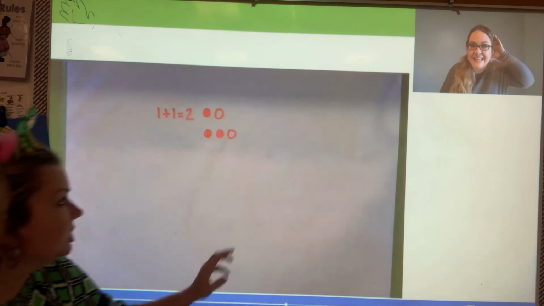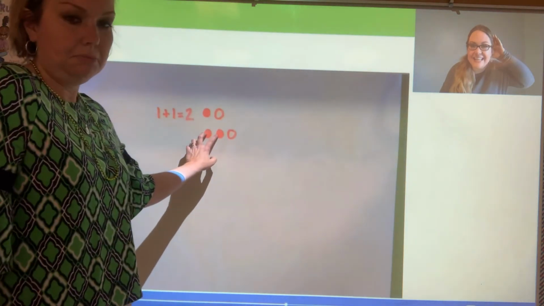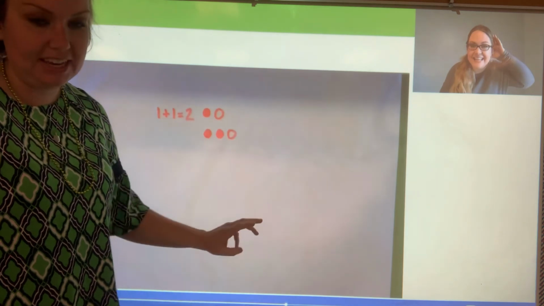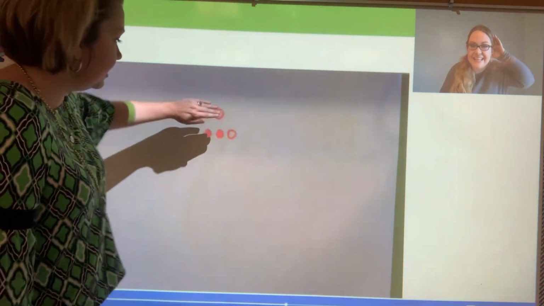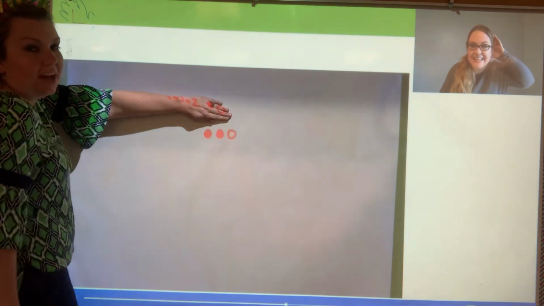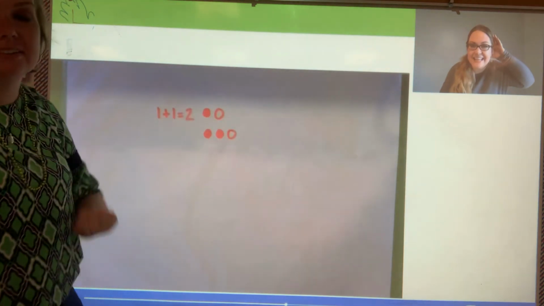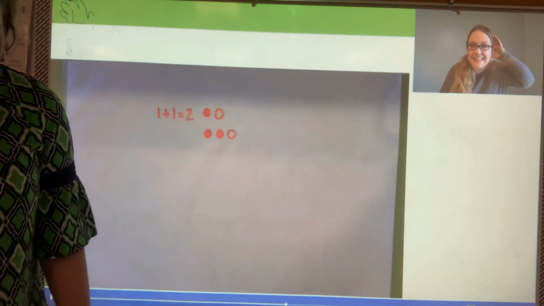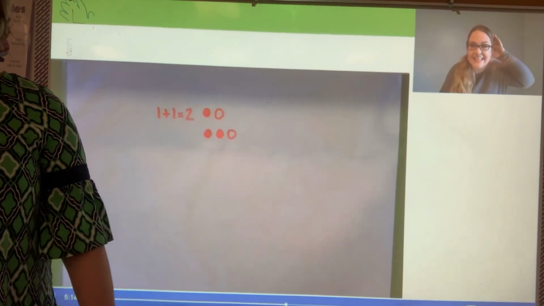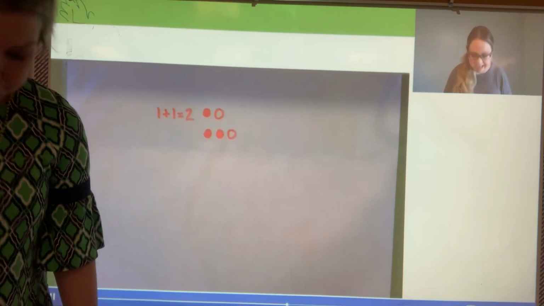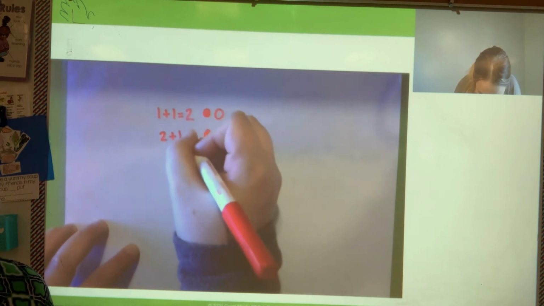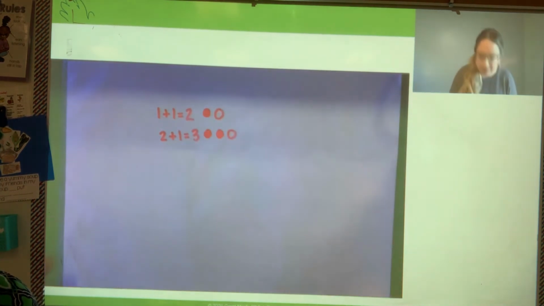It's actually 2 plus 1 equals 3, because we're only looking at these dots right here. I know it's a little confusing. Very good. 2 plus 1 equals 3. Let's see if we're right. 2 plus 1 equals 3.